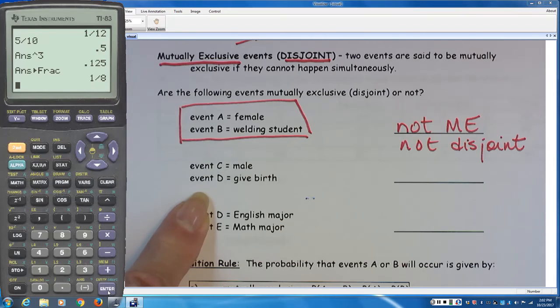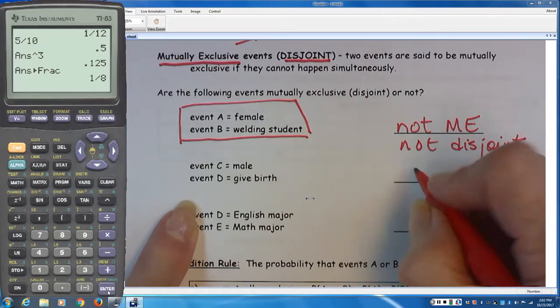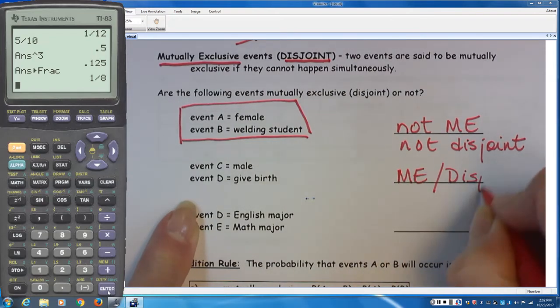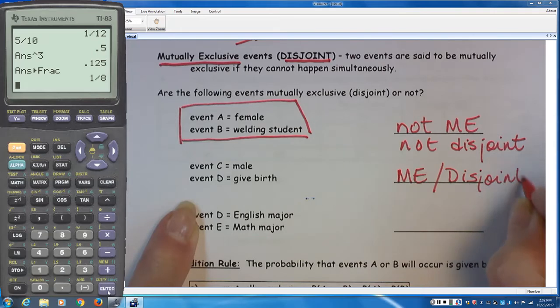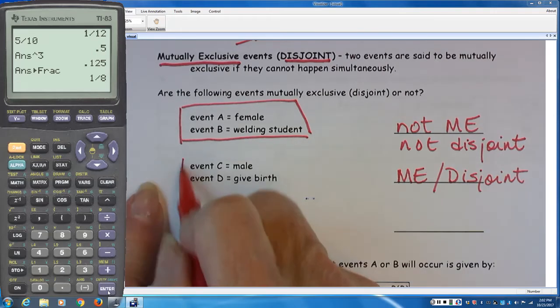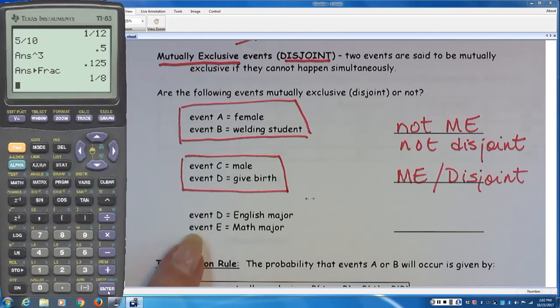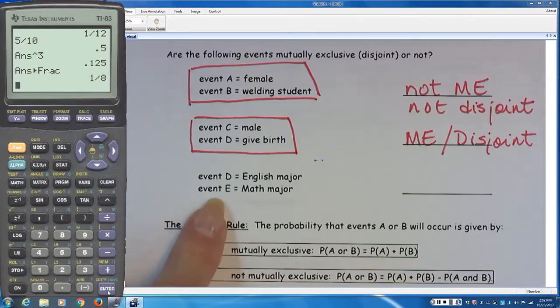Event C and D, C is being male and D is giving birth. Mutually exclusive. They are mutually exclusive, because so far, science has not given a way for that to happen. Event D is being an English major and event E is being a math major.